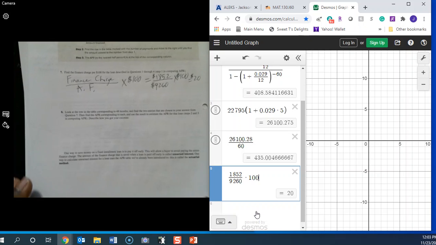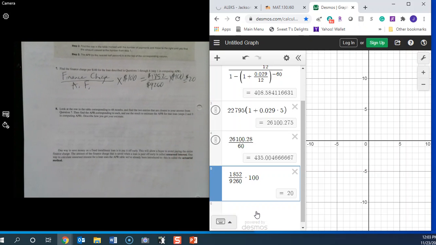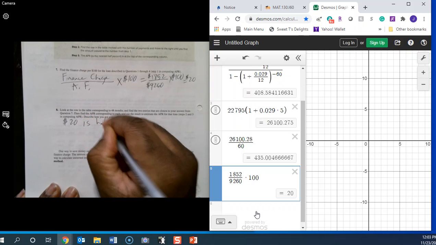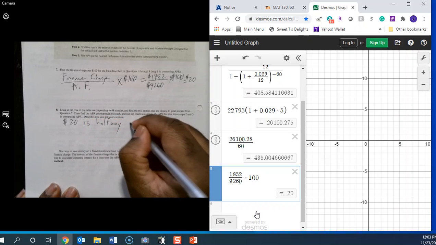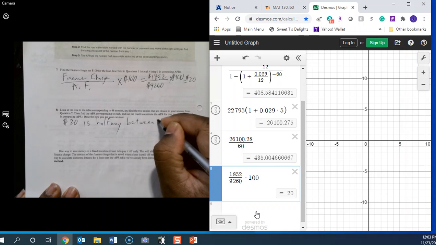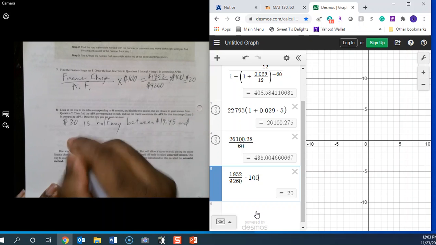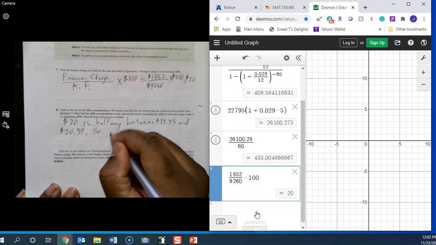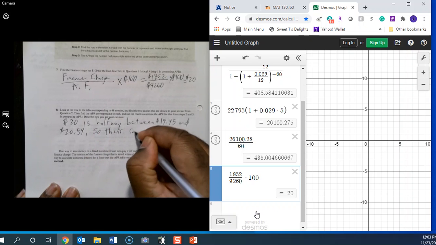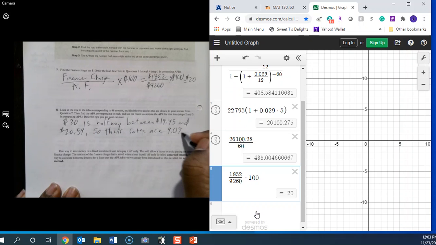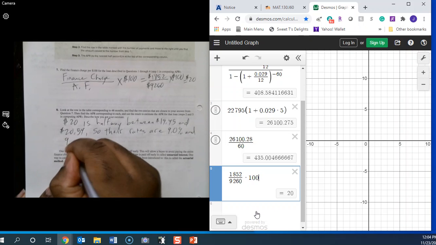So now, it says they want us to find the APR corresponding to this. So what we will write first is $20 is halfway between the $19.45 and the $20.59. So their rates are 9.0% and 9.5%.